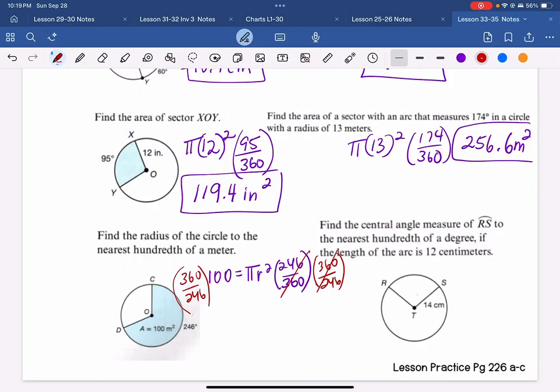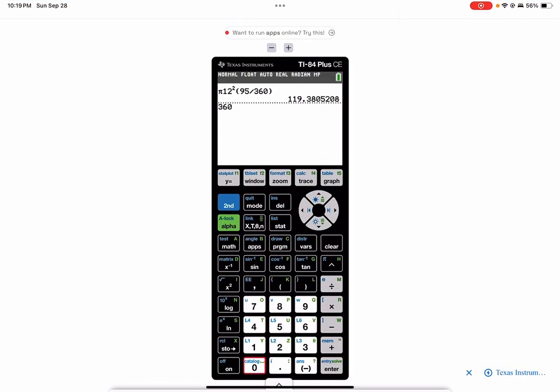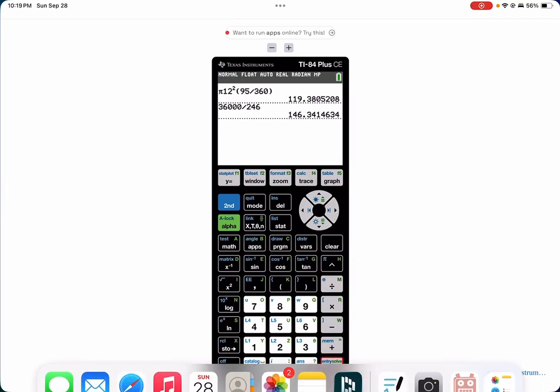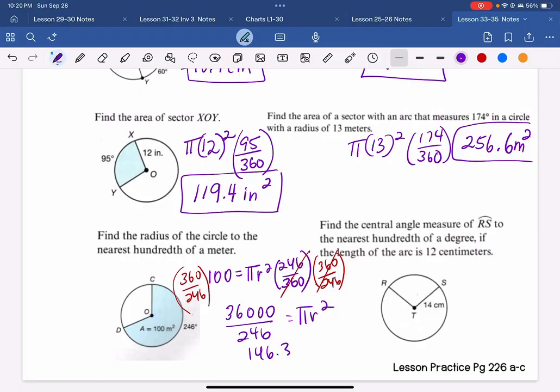So we have... Okay, so I'm going to plug that in. 146.34. Divide by pi.